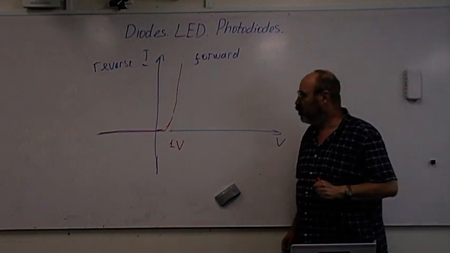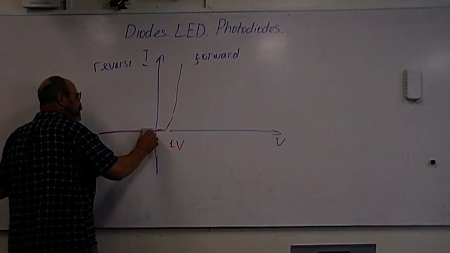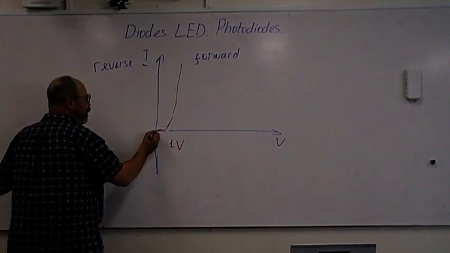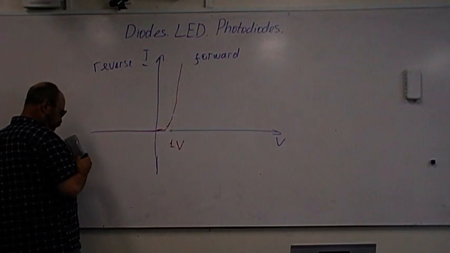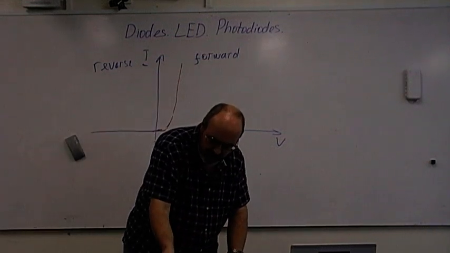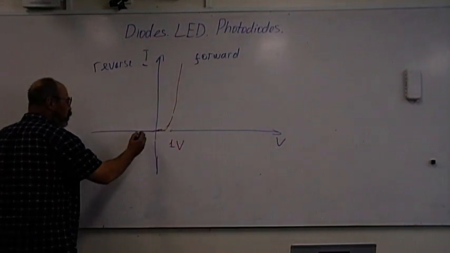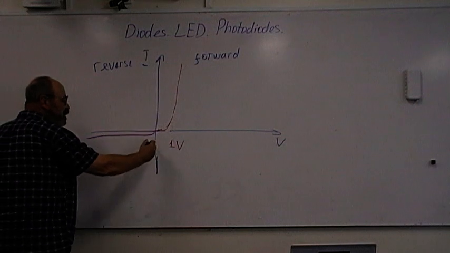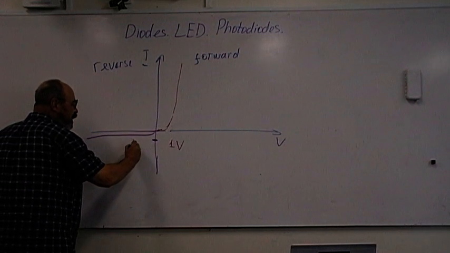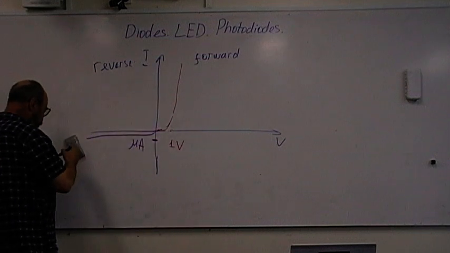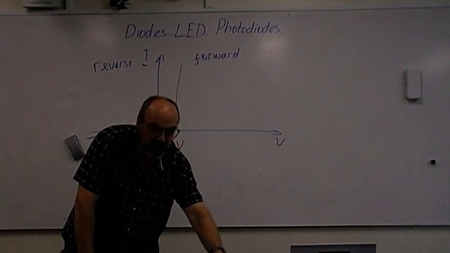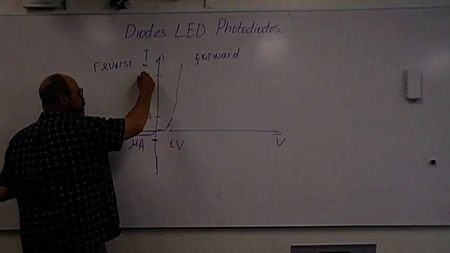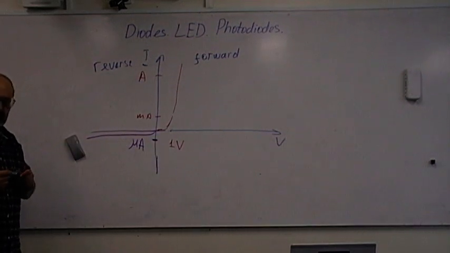Also, what is interesting, in reality there is still some current that can get through in the reverse direction. But the difference is, in this scale, that will be microamps, and in this scale, that might be milliamps or amps. So current in reverse is not zero.